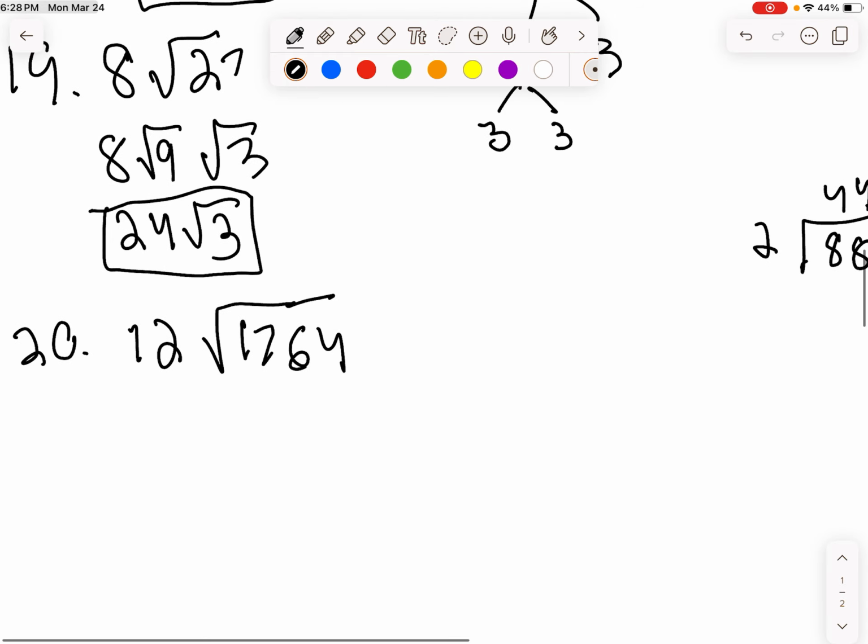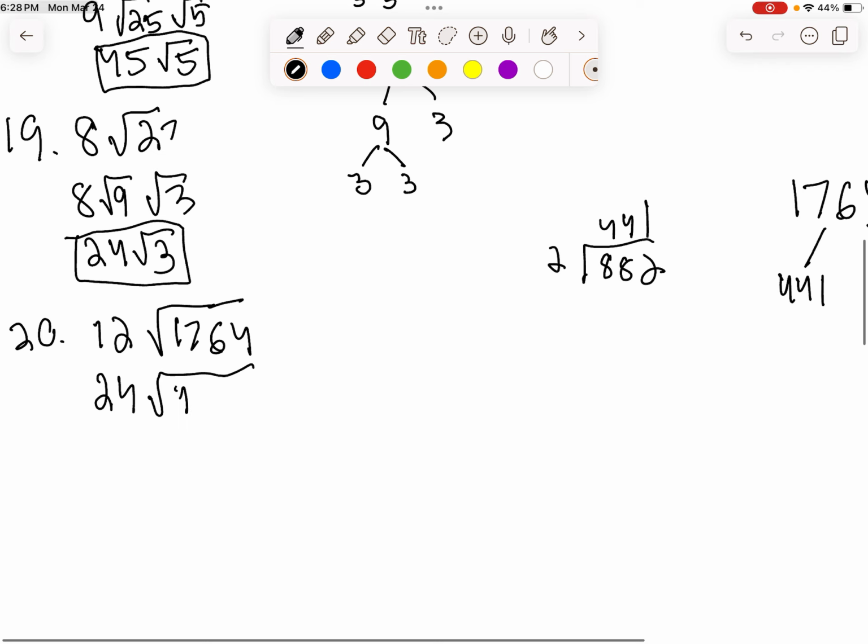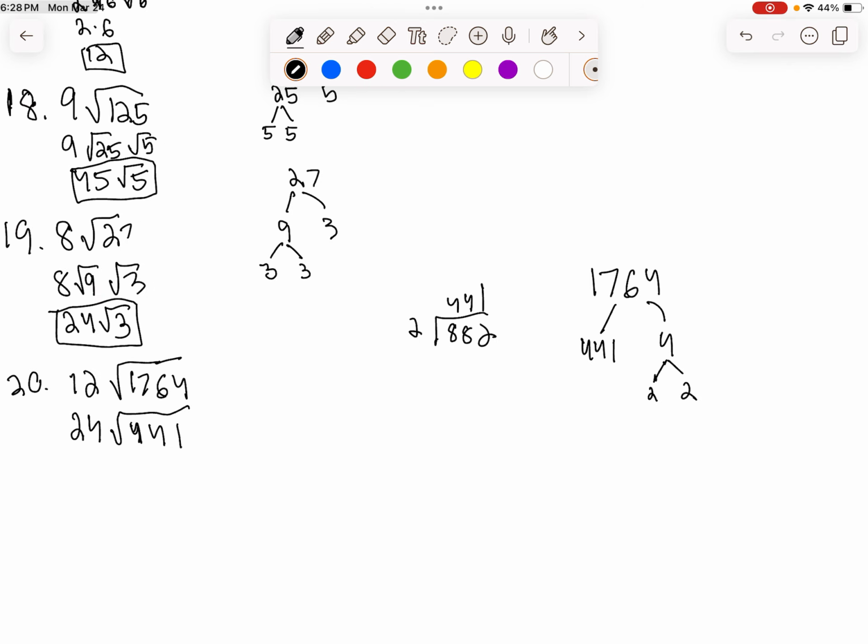So, we can rewrite that as 12 times 2 here to get 24 times the square root of 441. Now, I can tell you right now, 441 is divisible by 3, so start with that. And you're probably going to ask, how do you know that? Here's a little trick.